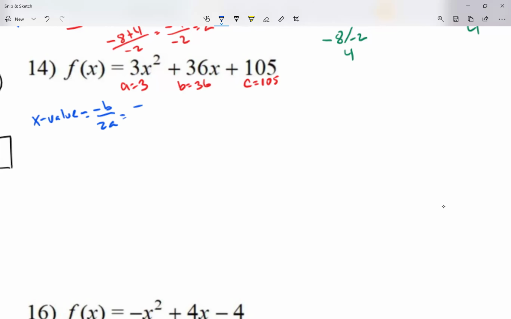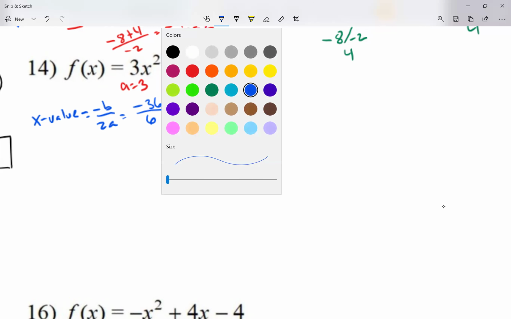So I'm going to go negative 36 over 6. Right? 2 times 3 gives me 6. Now I know negative divided by positive is negative. 36 divided by 6 is negative 6. So my x value of my vertex is negative 6.